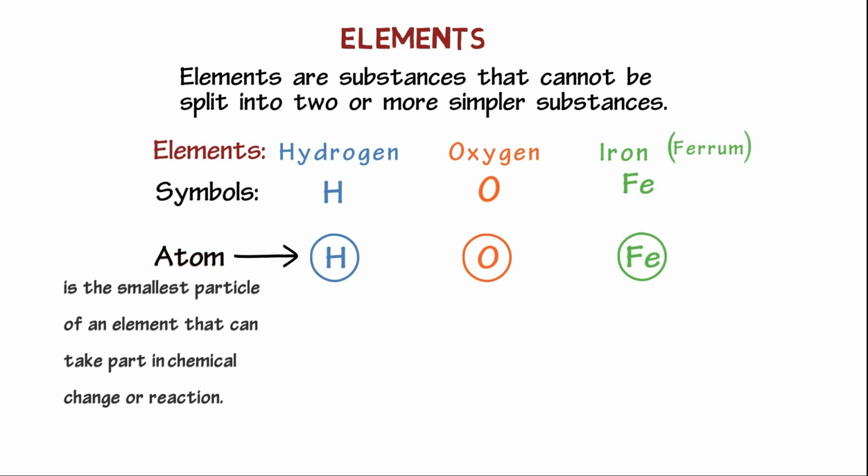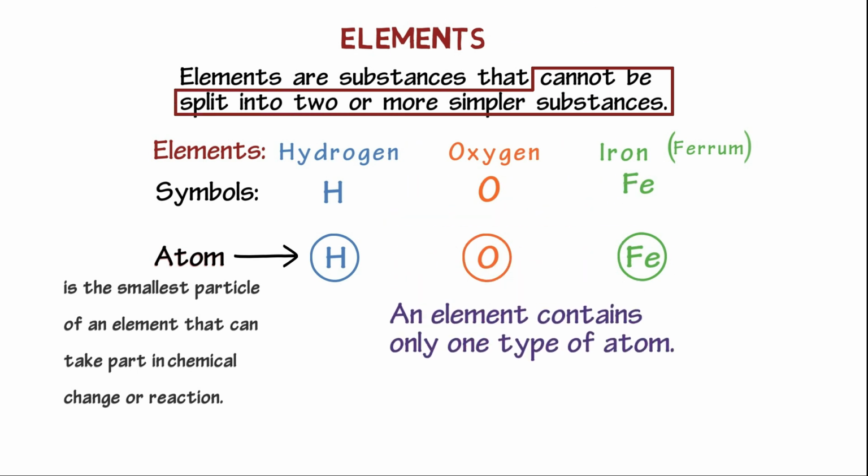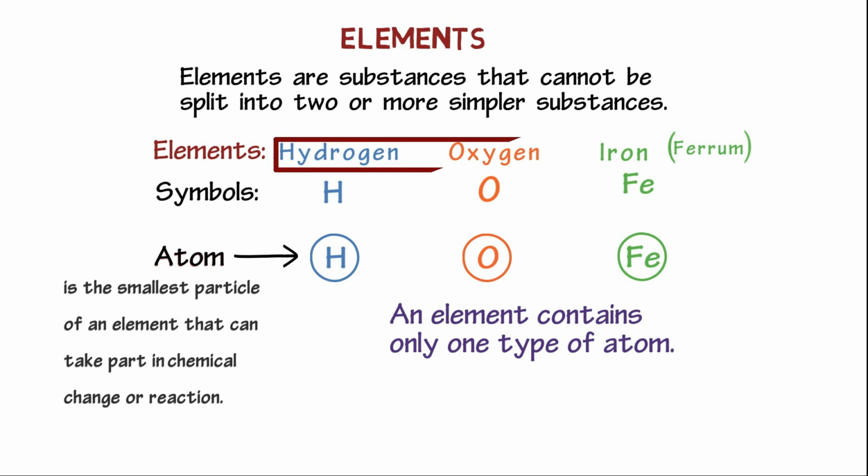When we say that an element cannot be split into two or more substances, it is because an element contains only one type of atom. So, hydrogen element contains only hydrogen atoms. Oxygen element contains only oxygen atoms. And iron element contains only iron atoms. So, if we are to break down or split any of these elements, you will end up with their atoms respectively.